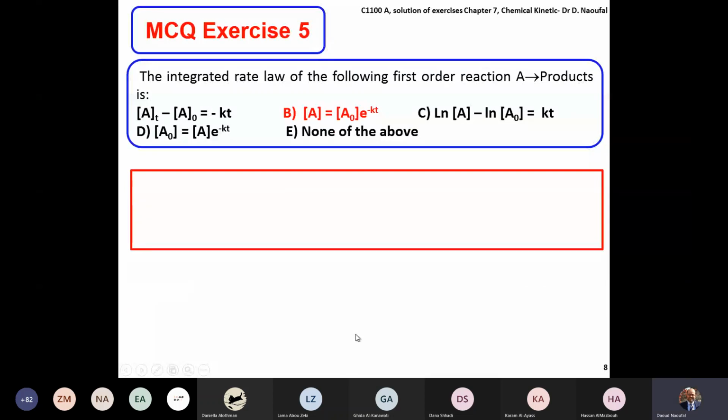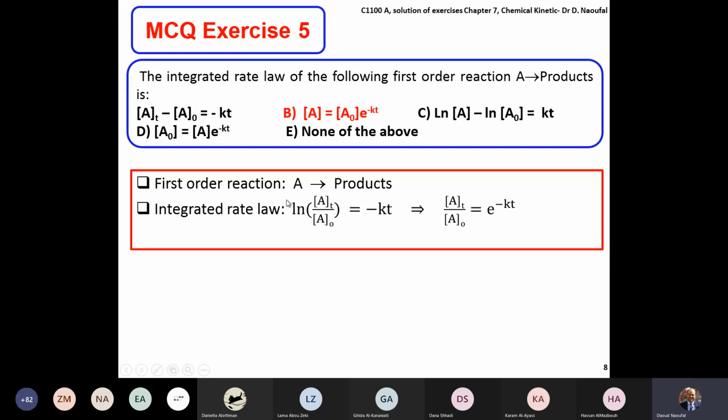MCQ exercise 5. The integrated rate law for the following first order reaction A to product is, we have several possibilities. We know that for a first order reaction of the type A to product, the integrated rate law, we proved, is ln At minus ln A0 equal minus kt, or we can write ln At over A0 equal minus kt.